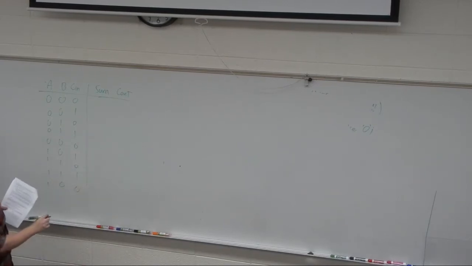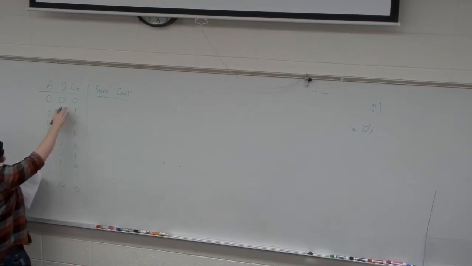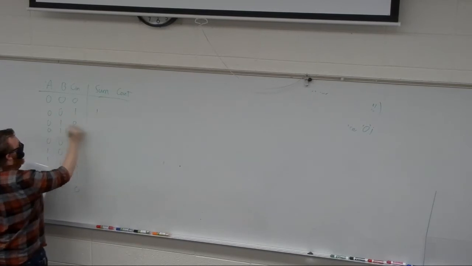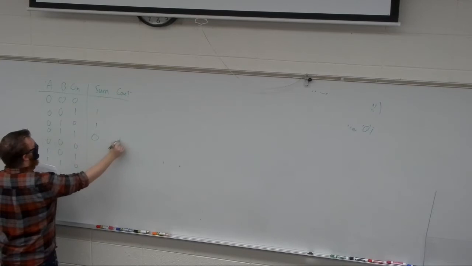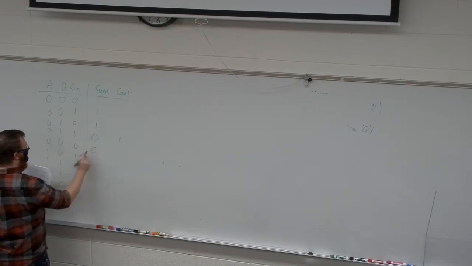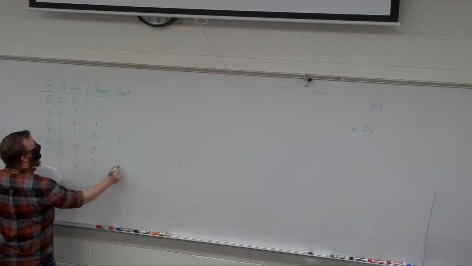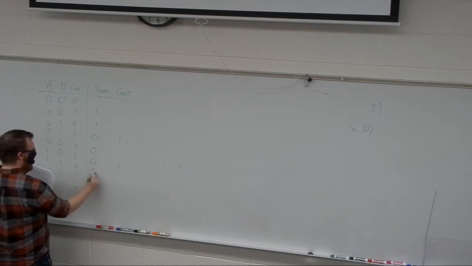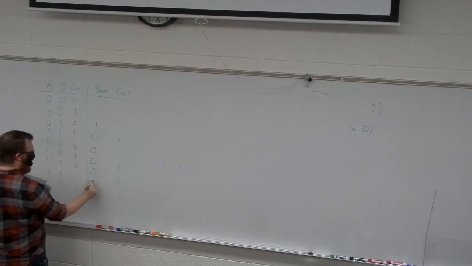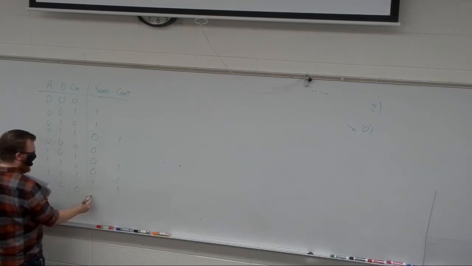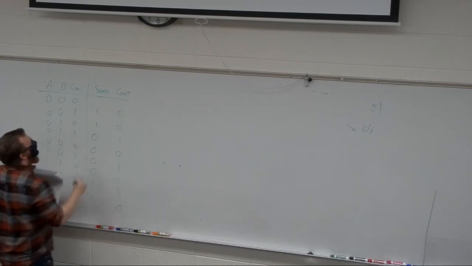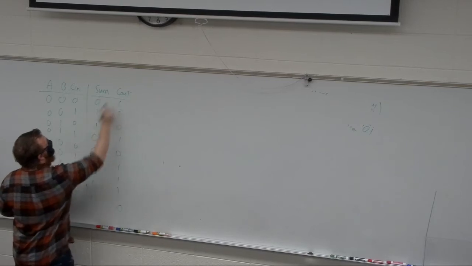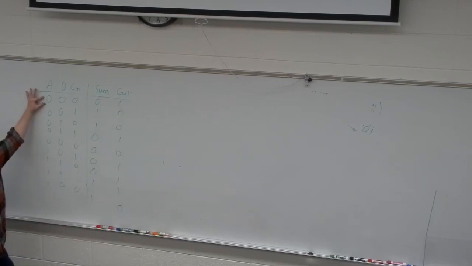I won't finish the whole thing, but right, so the sum is going to be 1, 1, 0 with a carry, 0 with a carry. Right, so nothing adds to nothing.